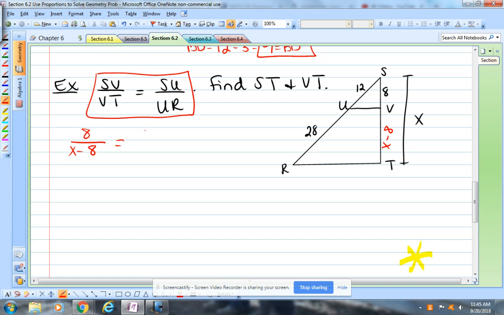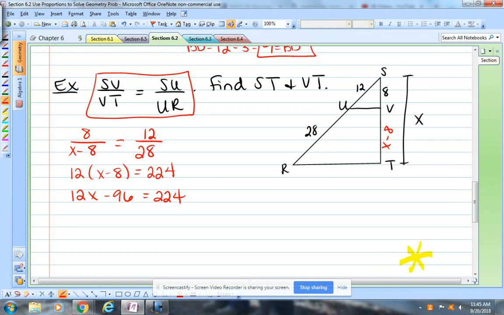SU's length is 12, and UR's length is 28 units. So cross multiply, I get 12 times the quantity x minus 8 equals 8 times 28, which is 224. And then I distribute my 12 here, and I get 12x minus 96 equals 224.